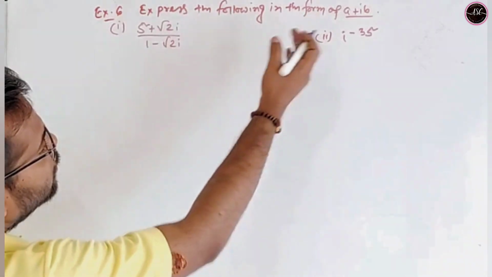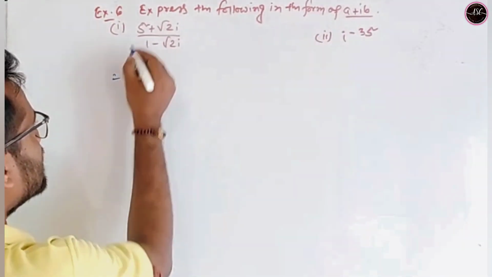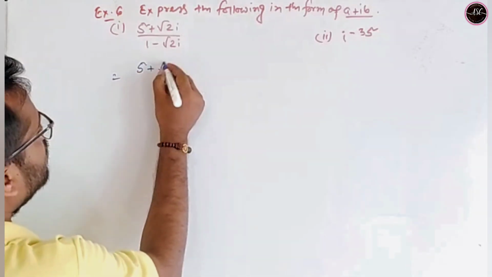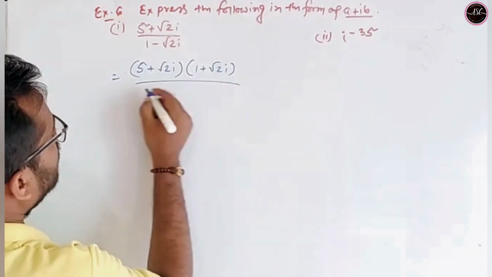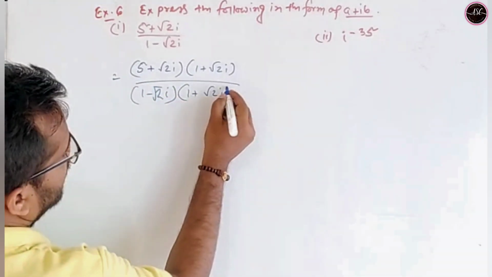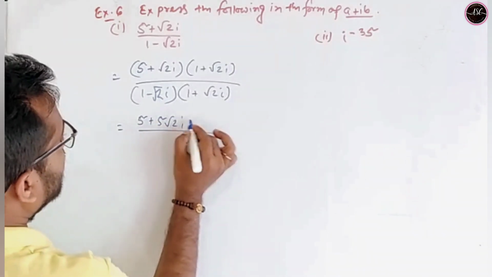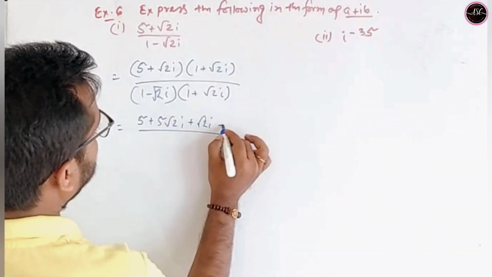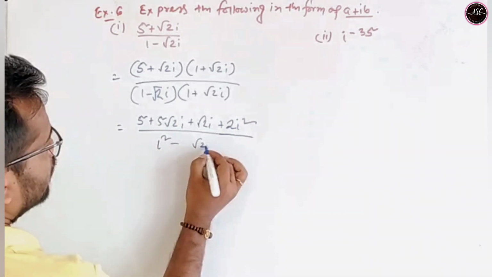Express the following in the form of A plus iB. So this can be expressed as A plus iB. So just rationalize this. Okay. 5 plus root 2i into 1 plus root 2i, and here will be 1 minus root 2i, 1 plus root 2i. Just simplify that. We get 5 plus 5 root 2i plus root 2i plus 2i square. Here we get 1 square minus root 2i whole square.